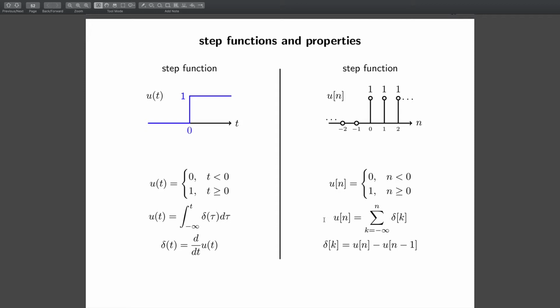We have a relation between the unit step in discrete time and the Kronecker delta being the accumulation or the summation of the Kronecker delta. Similarly, we could write that the Kronecker delta is a time difference. It's a difference between the unit step and the unit step delayed by one sample.